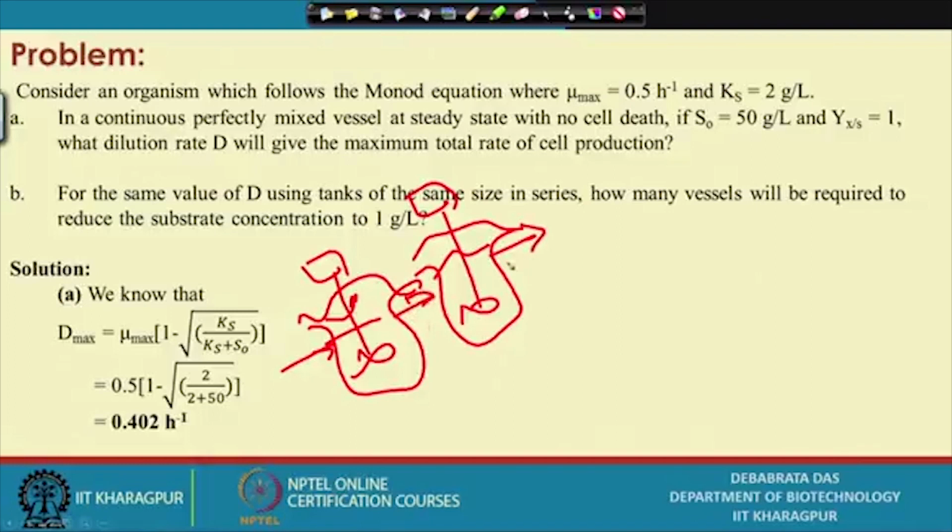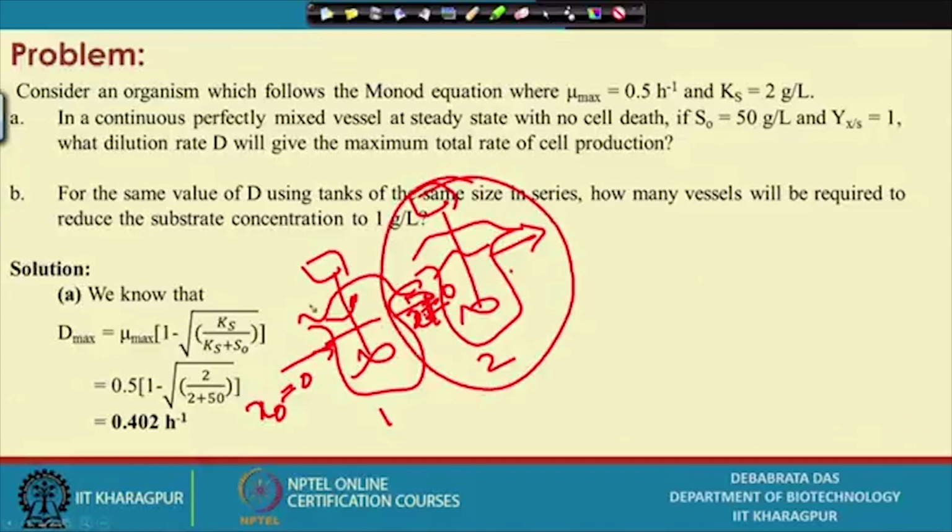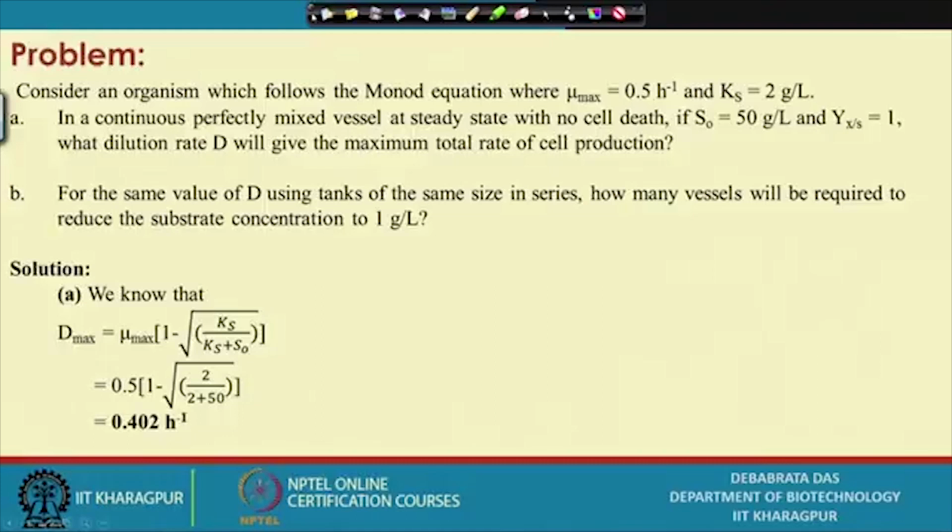The only difference is that when we analyze the one reactor, we assume x0 equal to 0, am I right? But when you go for the second reactor, this is first and second, here x0 is not equal to 0. So what you have to do? You have to write the cell mass balance in this equation, and then and only then you can solve this equation. This problem deals with this. I hope you will understand that. Let us see how we have done that.